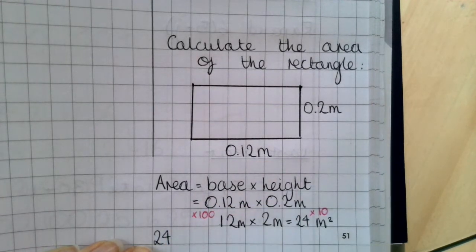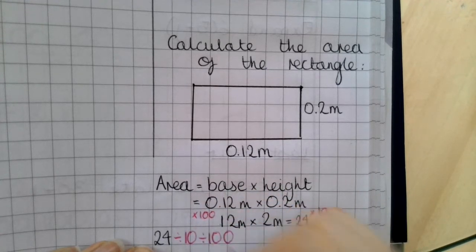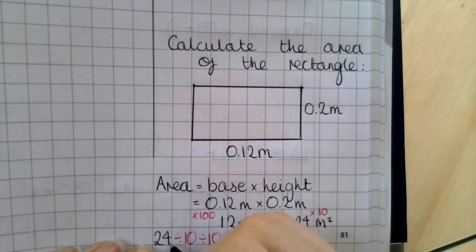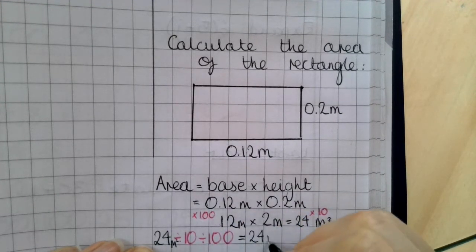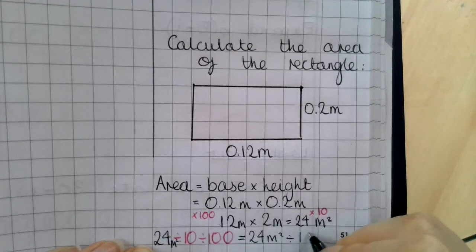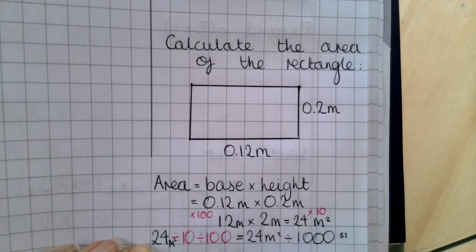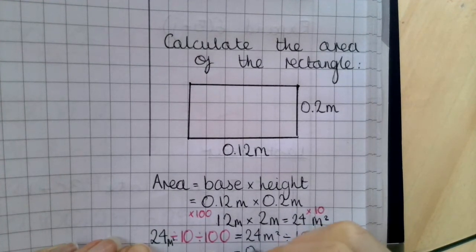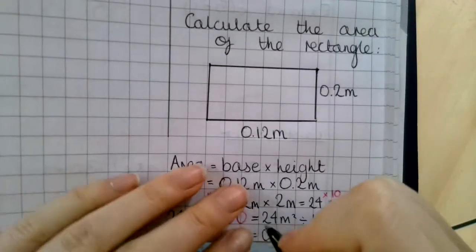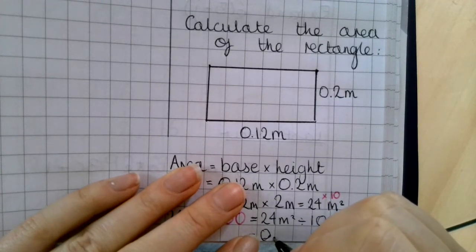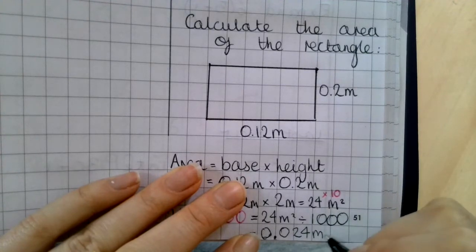So I'm doing 24 meters squared divided by 10 divided by 100, which is equal to 24 meters squared divided by 1,000, which is equal to 0.024 meters squared.